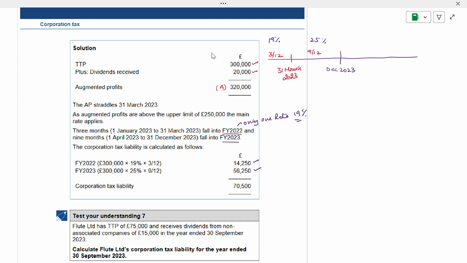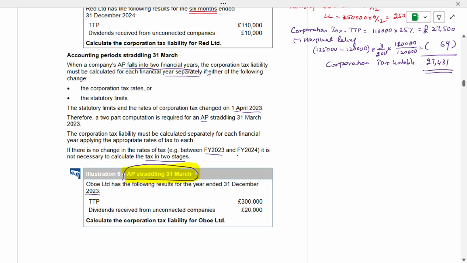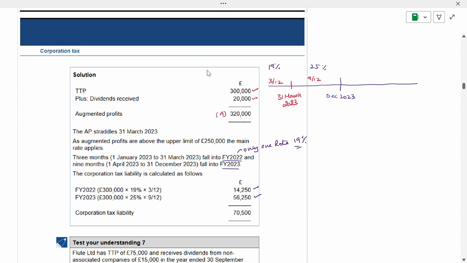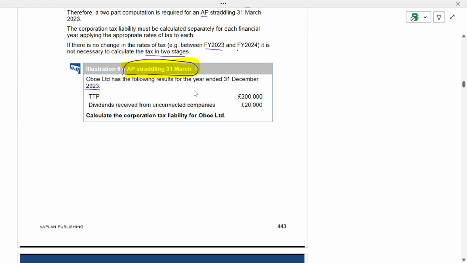Then marginal relief is not there. Why is it coming between 50 and 250? The upper limit is 250, and 300,000, 320,000 is more than the upper limit. I think the upper limit will also be divided into 9 by 12, right? You have to apportion for the months, since it is from 31st March to December 23.